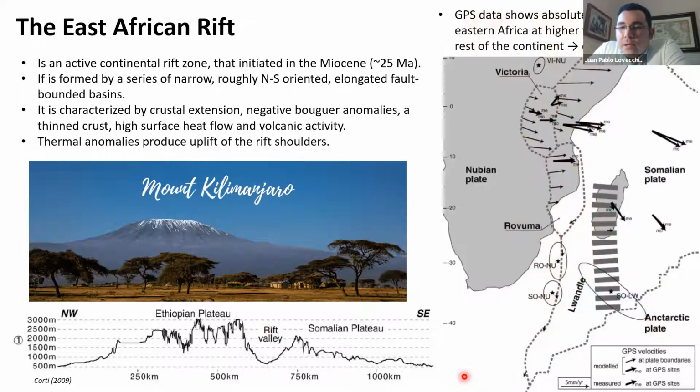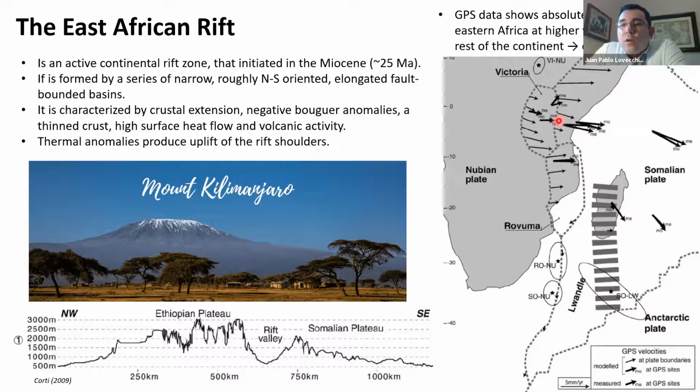This is a GPS velocities map for Eastern Africa, and you can notice the difference in the velocities measured in Somalia, here to the east, compared to the central part of the graben, or the western part of the graben, which moves at a slower velocity.